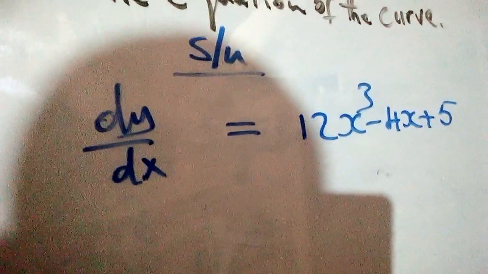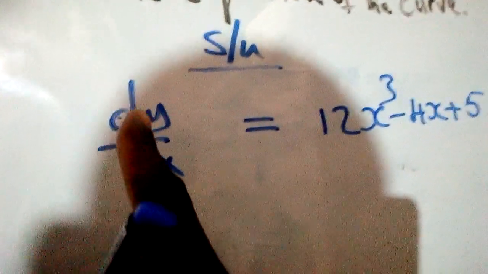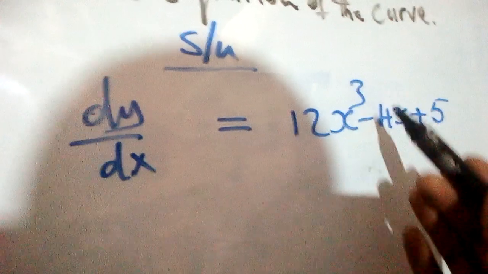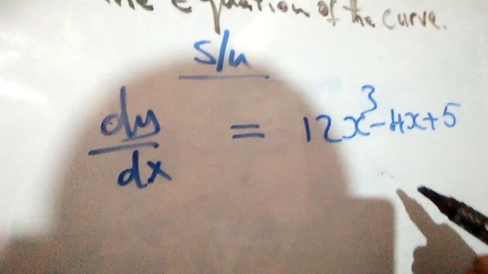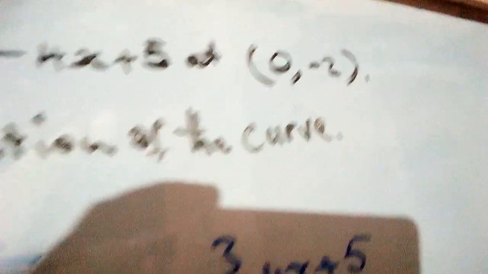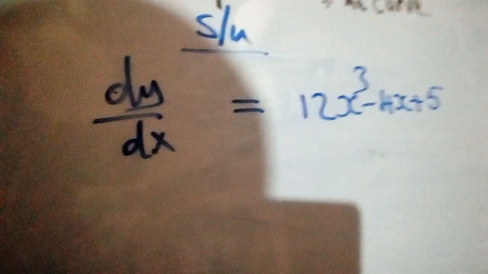Okay, so we continue. If the gradient, which is the dy/dx, is equal to 12x cubed minus 4x plus 5 at a point where x is 0 and y is minus 2, can you find the equation of the curve? How do you go about this one?